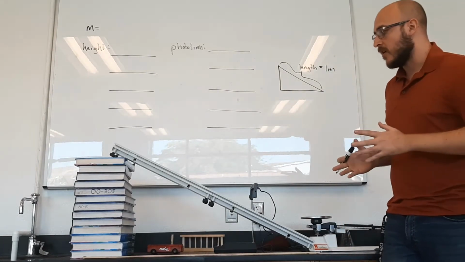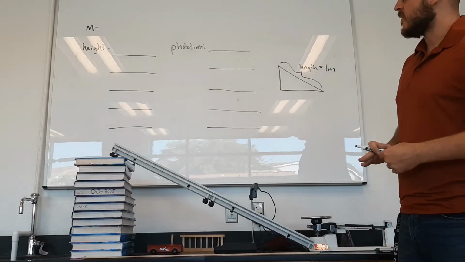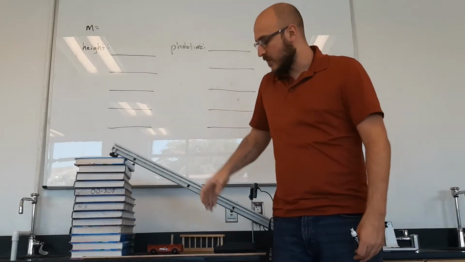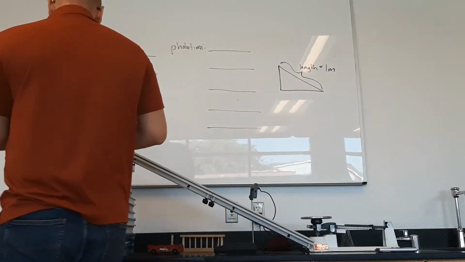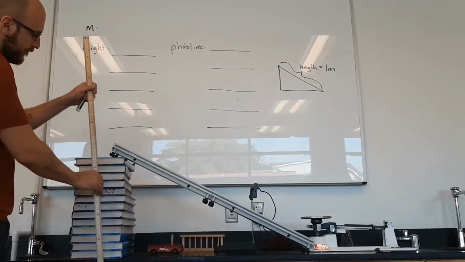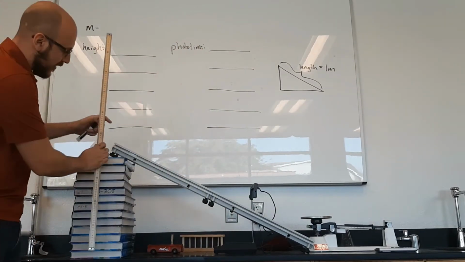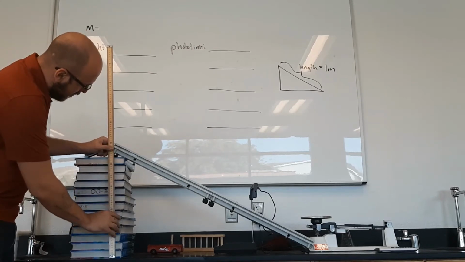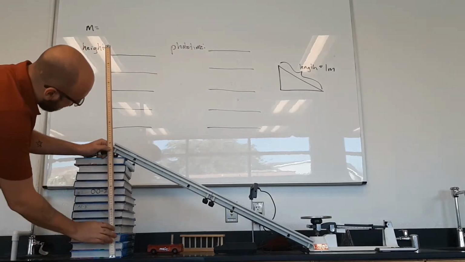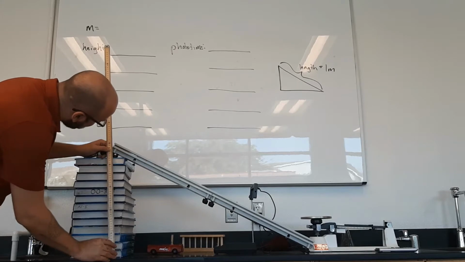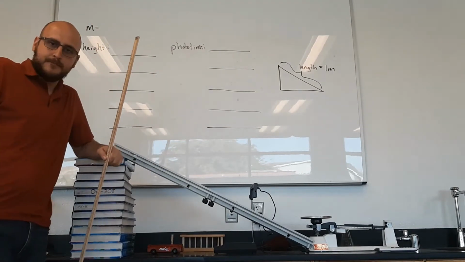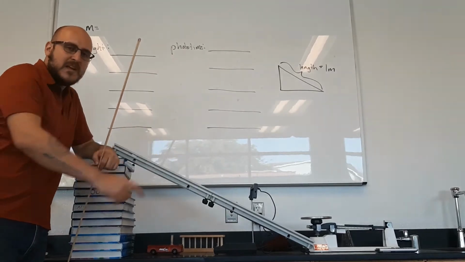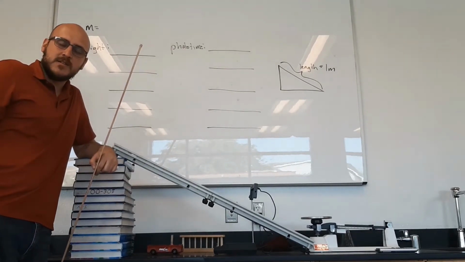All right, so from there, for each of our data points, we're just going to be measuring the height of this ramp, because that's fairly easy to measure, with one small caveat. If we measure the height of this ramp, okay, so currently the ramp goes up to a height of about 48.5 centimeters. The issue with that is that the base of that ramp does not exactly touch the ground.